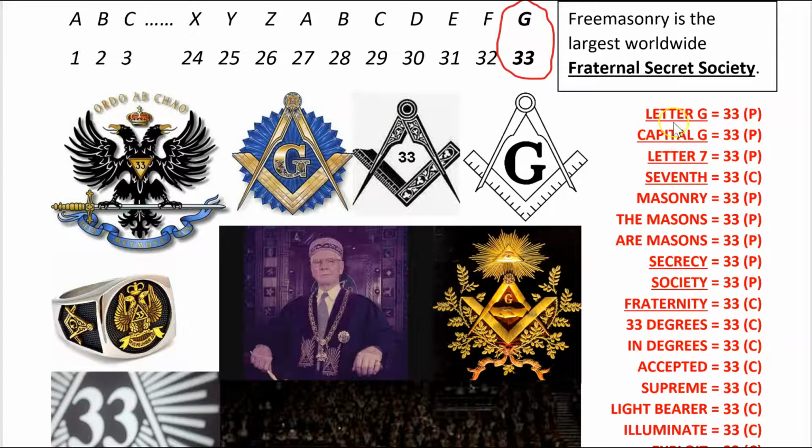For instance, letter G equals 33, capital G equals 33, G being the 7th letter of the alphabet, 7th equals 33, letter 7 equals 33. Masonry, the Masons are Masons, 33. Secrecy, society, fraternity, also 33.